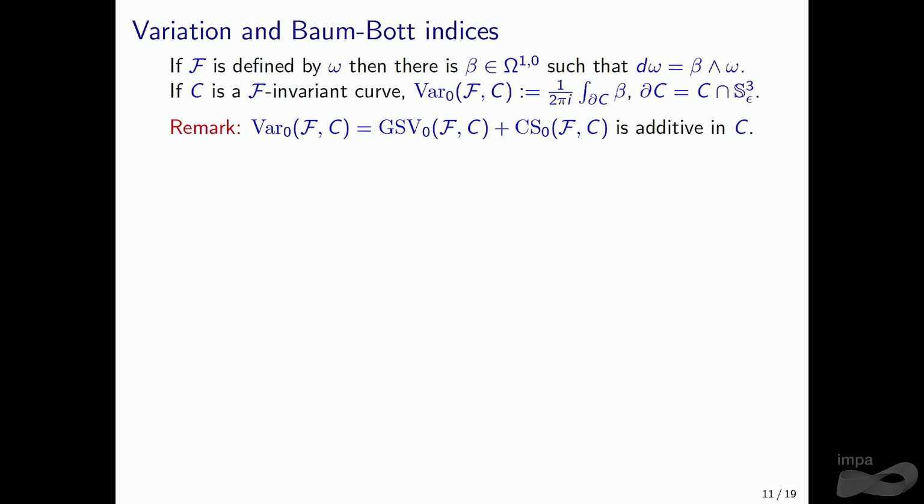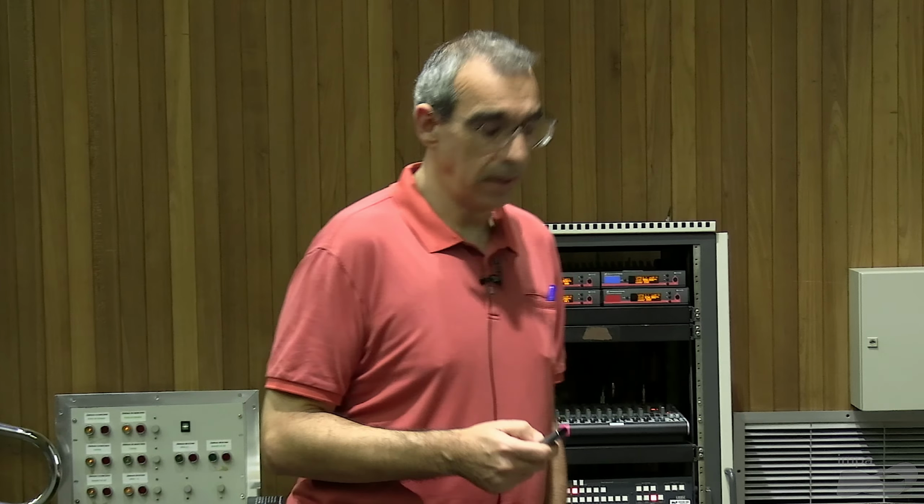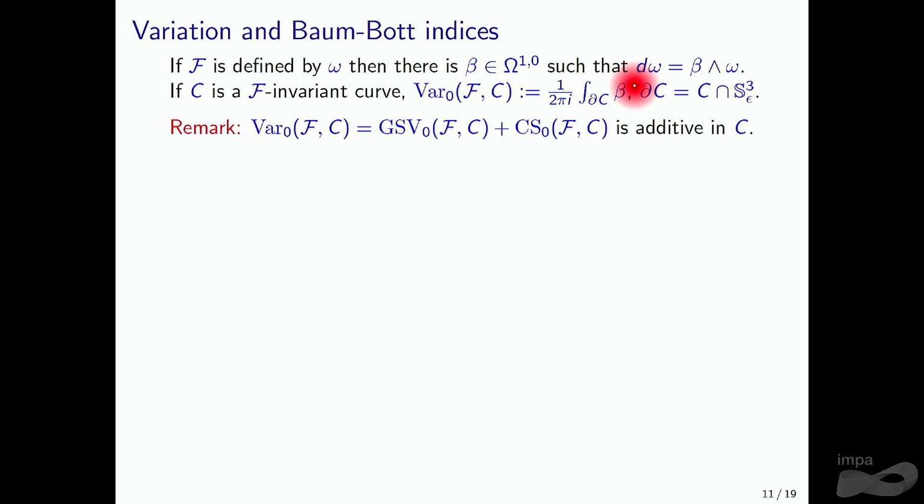Finally, we recall the definition of the variation and Baum-Bott indices, that we need to write differently. We write the differential of a form defining the foliation as a wedge product of the form itself and a 1-form beta, only differentiable here.